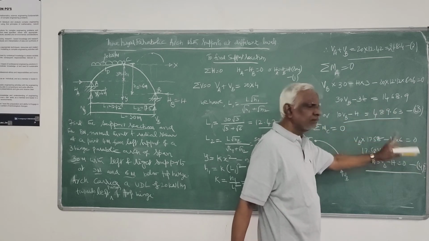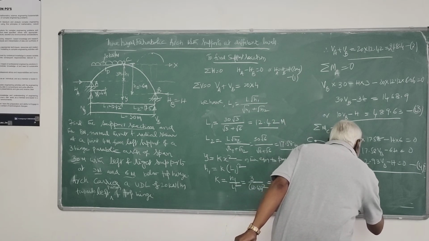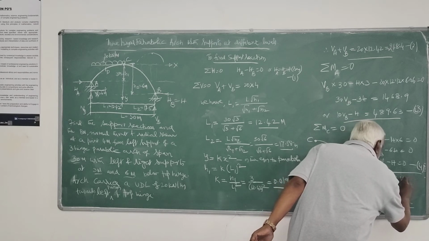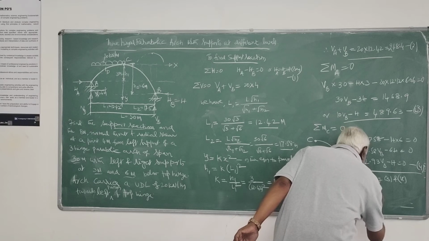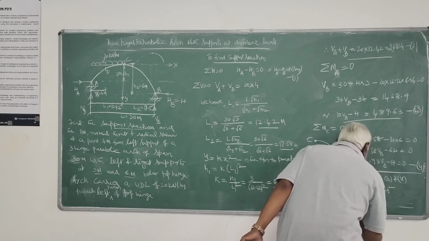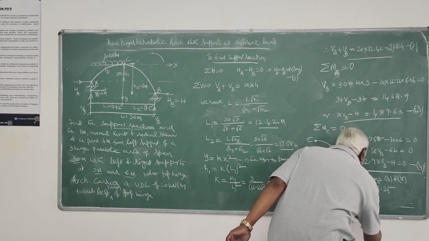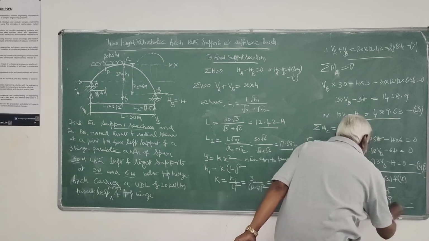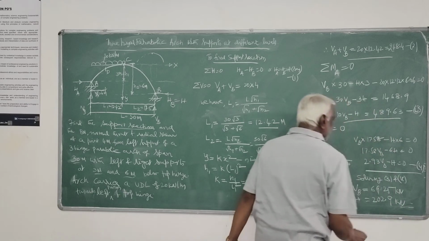Solving 3 and 4, we get VB equals 69.25. Then from 2, H is equal to 202.9. These are all in kilonewtons.